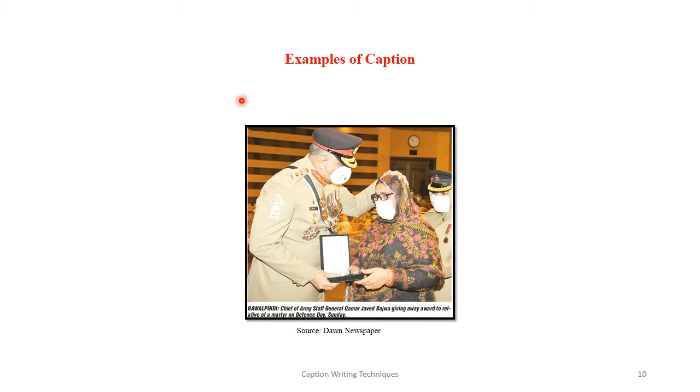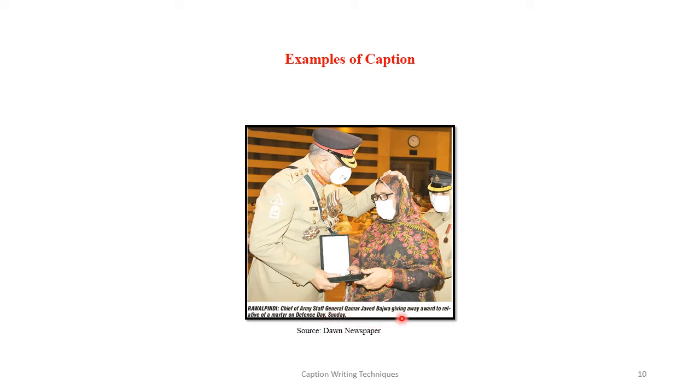Look at another example, and it will help you understand the caption more. We just studied that the caption starts with answering the question who. Who can be seen in the picture? Chief of Army Staff General Qamar Javed Bajwa can be seen. What is the subject doing?